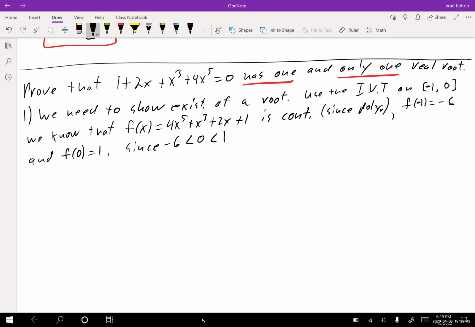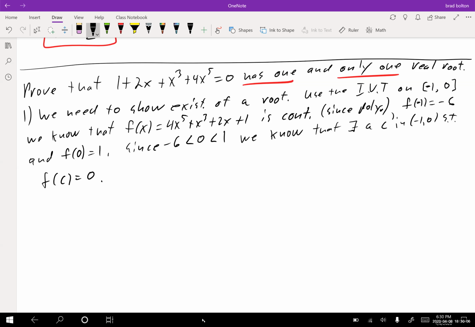Well, the one that we're looking for is 0, so we're going to go with that. So we know that there exists a c in -1 to 0 such that f of c equals 0.